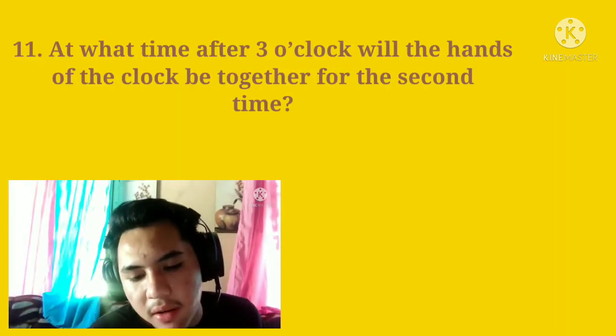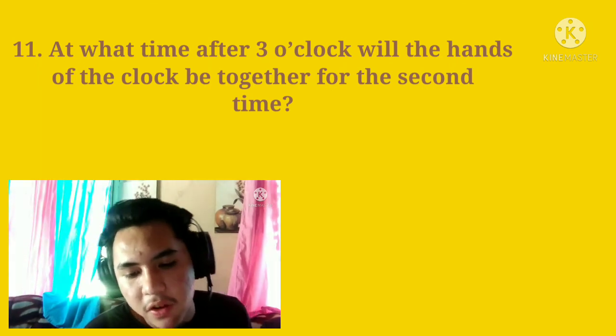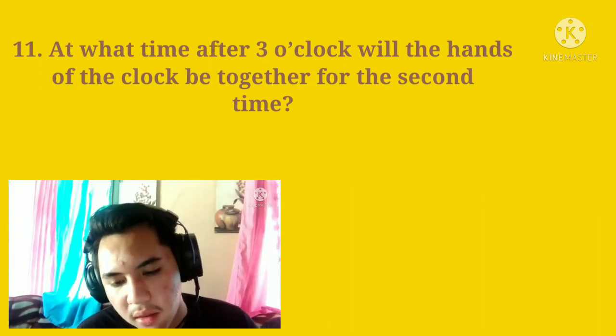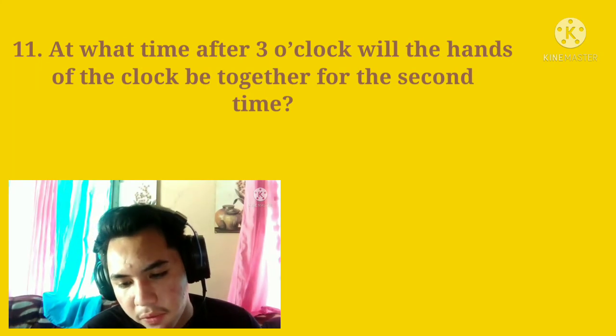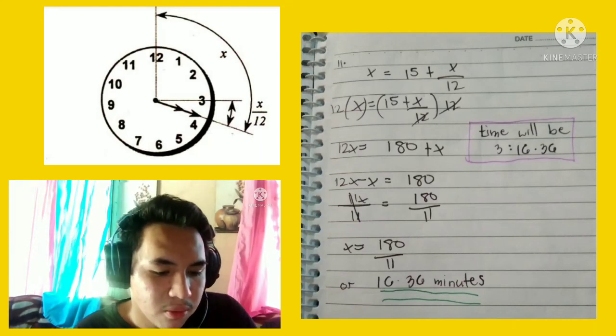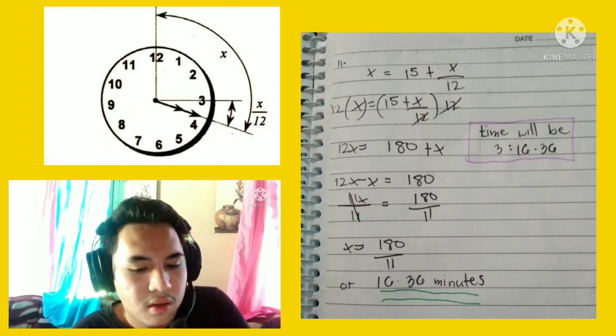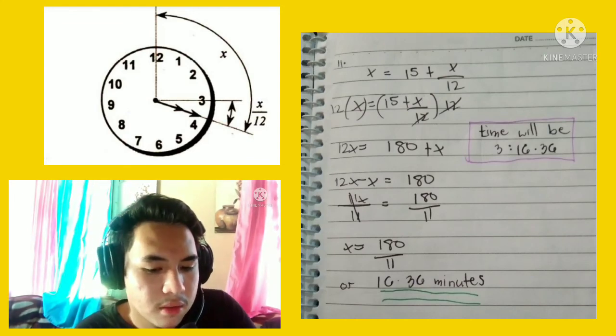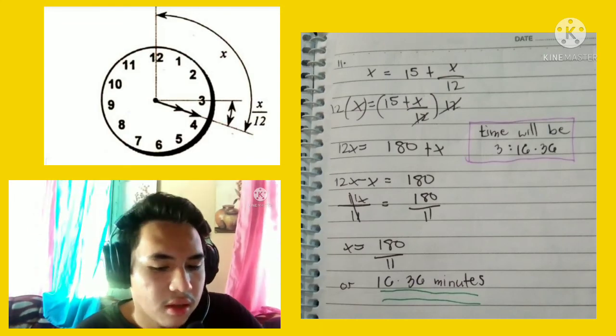And for number 11, at what time after 3 o'clock will the hands of the clock be together for the second time? So we can solve it again with x equals 15.